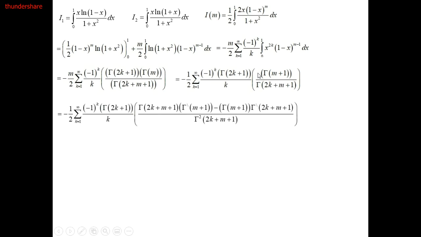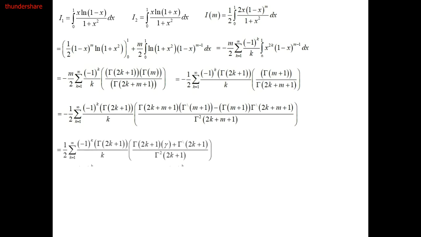So after making a derivative, we reach this point with respect to m, and after substituting m equals 0, we reach this value, and it is very similar to my solution of the previous problem, if you remember.